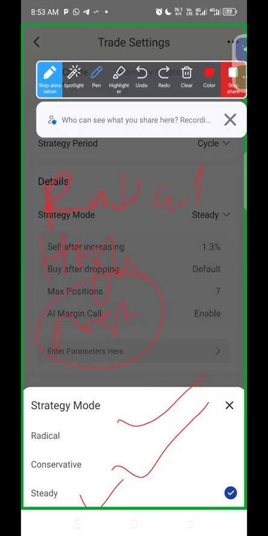He takes serious risk. Then the next one is the conservative. When we say someone is a conservative trader, he takes neither high risk nor low risk, so intermediate. Then we have the steady trader. With steady, he always wants to conform because he's afraid of making serious decisions, so he always wants to be at the bottom line.